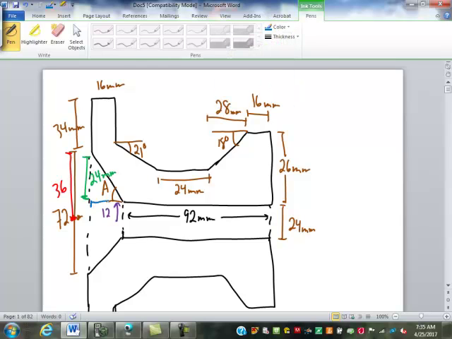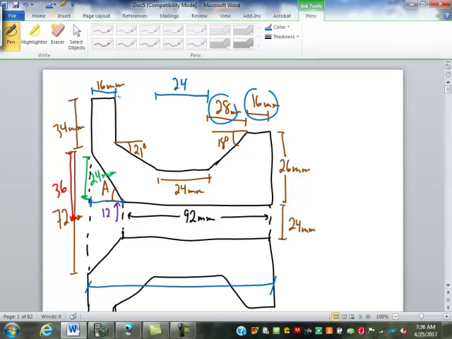So now we just need to find the blue dimension here. If I knew the whole length of this, I would just subtract 92, wouldn't I? There you go. We've got 16 here, 24 here, 28 and 16.